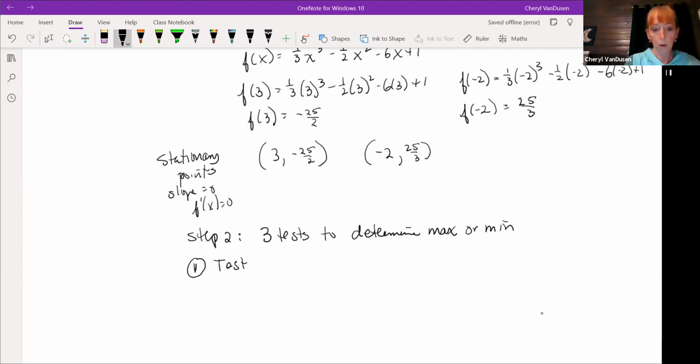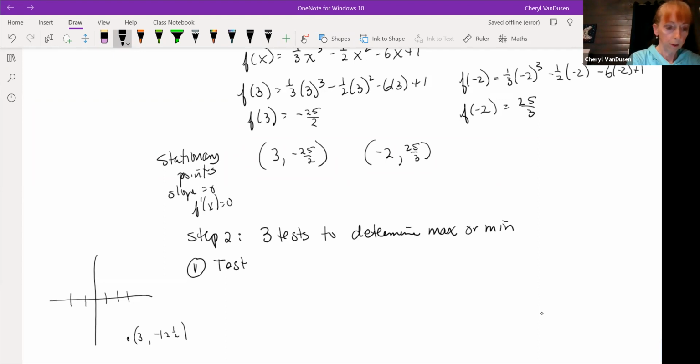So what we've got here, if we look at this on a grid, over at 3, we're down at minus 25 over 2. And I don't really care, again, how perfect it is, but it's down here. Okay, so at 3, and I'm going to put minus 12.5, just so we have a little visual on that. And then our other point is over here at minus 2, and it's up here.